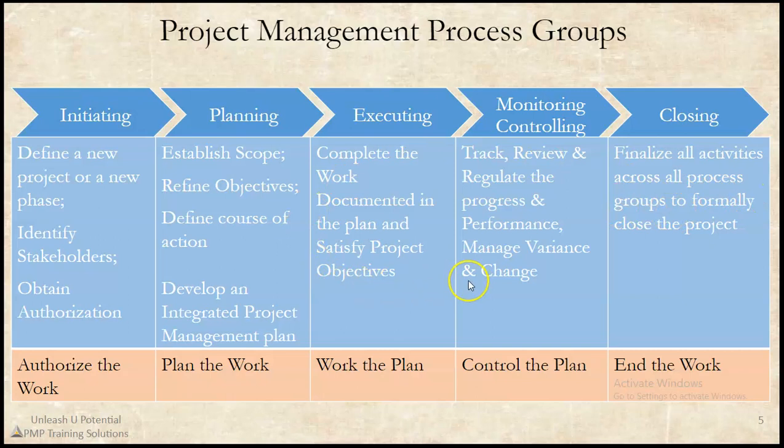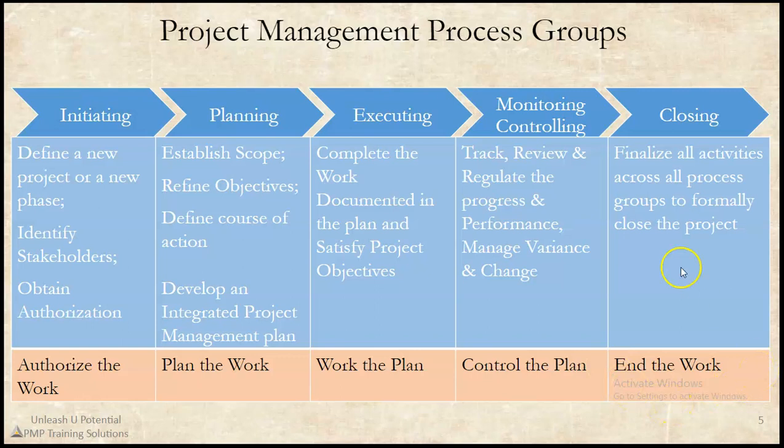We look back to see if anything is open, and we ensure that all activities are closed, and we put a stamp that the project has been closed. At the time of initiation, we put the date of start of the project, and now we put a stamp that the project has been closed. That means end the work.